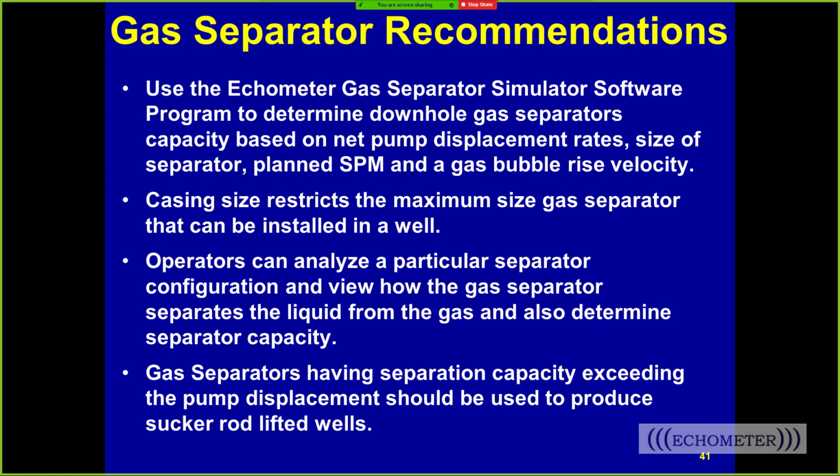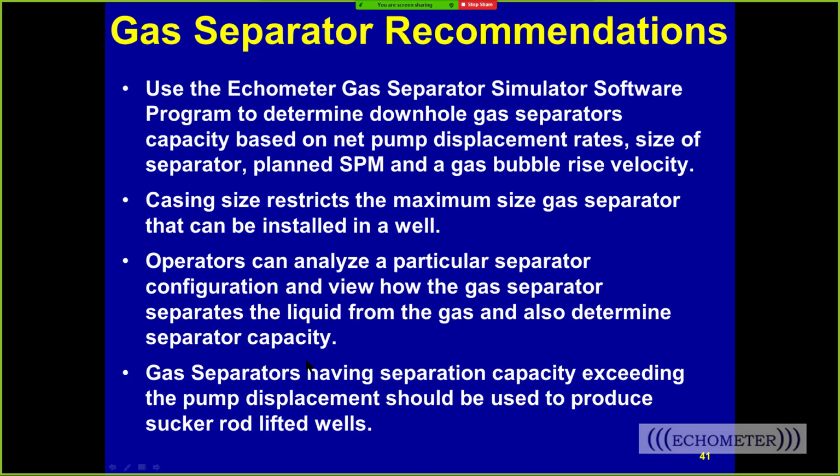So consider using the separator simulator to design your gas separators. The casing size restricts the maximum gas separator size, and that also restricts the maximum pump displacement from your well, because if you have it full of gas, even though you can pump more rate, you can't pump the liquid, so you're really restricted by your maximum gas separator size.